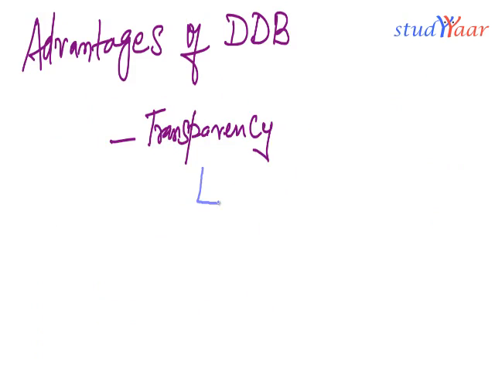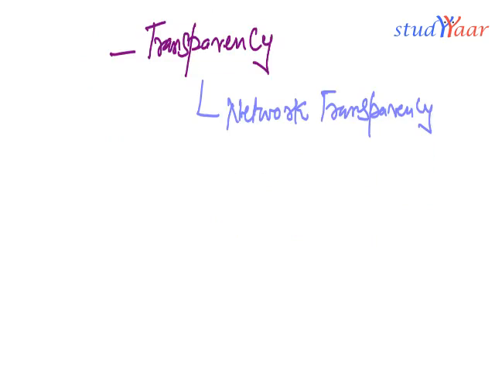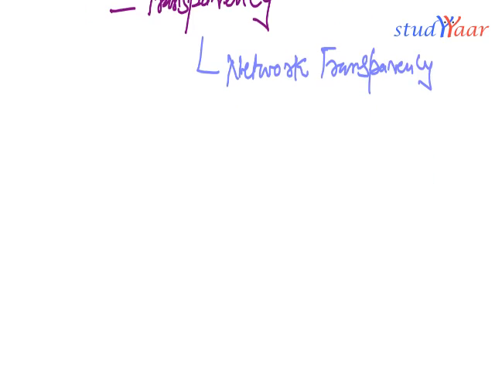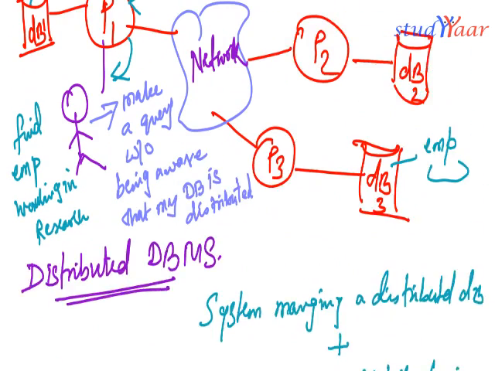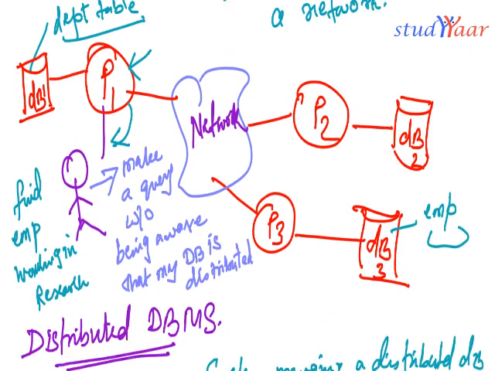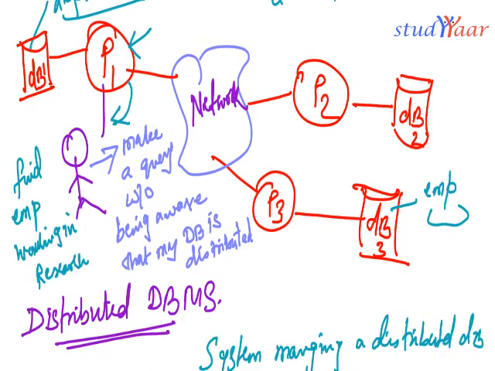First we have network transparency. We've already talked about what this is: making the distribution transparent across the network. There are two facets to network transparency. One is location transparency. That's about not having to care where your relation or part of the database is located.